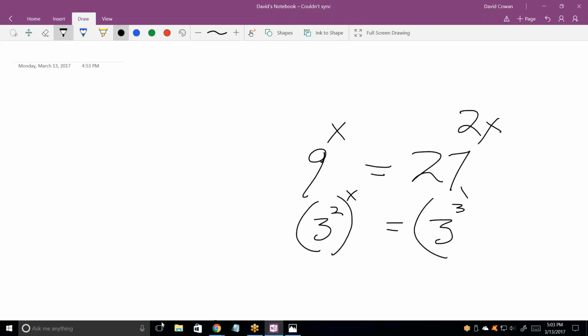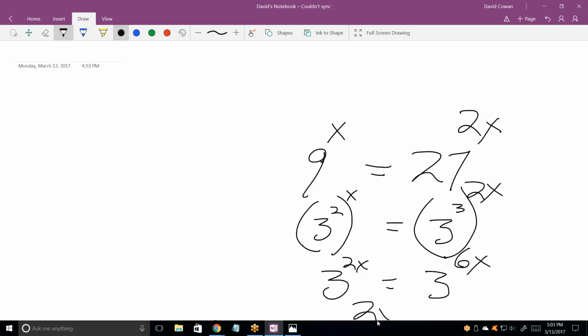To the power of 2x. Now when I do powers of exponents, I get 3 to the 2x equals 3 to the 6x. Now I can equate: 2x has to be equal to 6x, and that is only true if x equals 0. So x equals 0 is our solution. And I did not have to use logs.